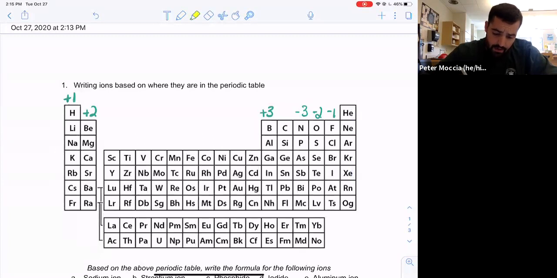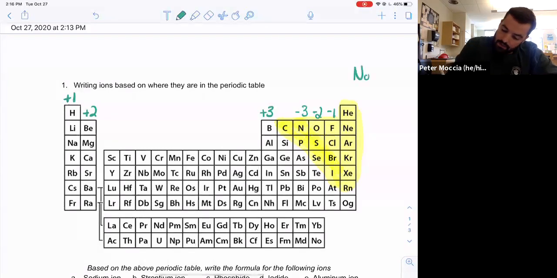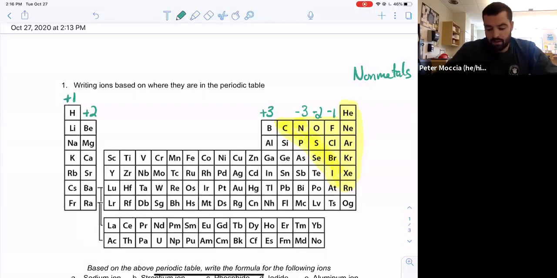Quickly, as a refresher, I just want to go over where you can find the non-metals. Everything that I am highlighting in yellow here, those are all non-metals. And then the metals are everything else.